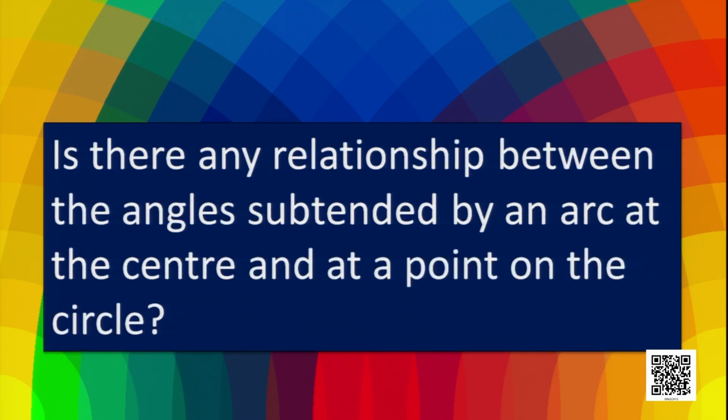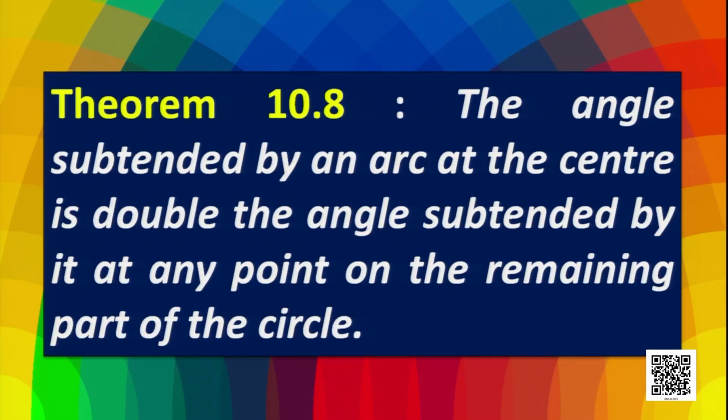Is there any relationship between the angle subtended by an arc at the center and at a point on the circle? Yes, the relationship is stated by this theorem. The theorem states the angle subtended by an arc at the center is double the angle subtended by it at any point on the remaining part of the circle.